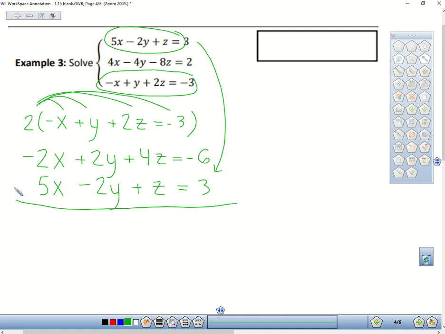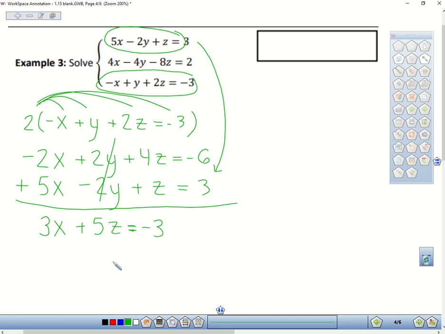And I'm going to add these two together. Negative 2x plus 5x is 3x. What happens to my y's? Good. And then what's 4z plus z? Good. And lastly, we end up with negative 3.